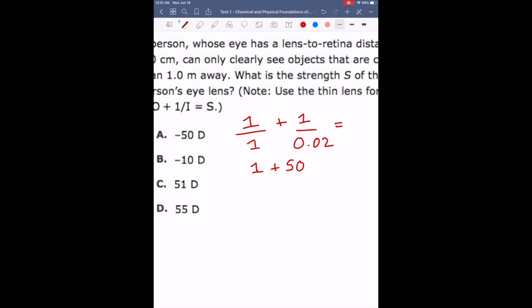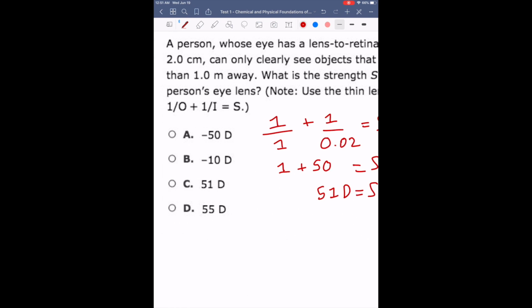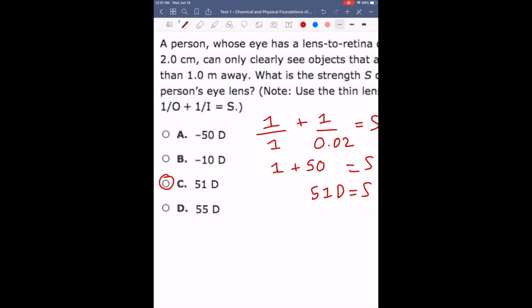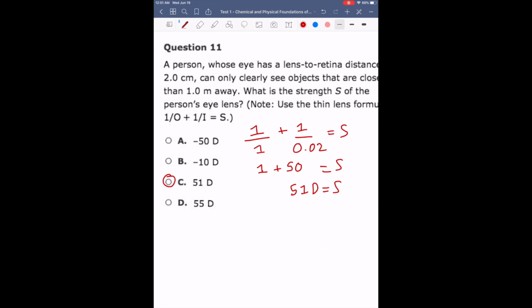So both of these were equal to S, and so 51D is what we should get for S. So that's why C is the correct answer. So for question 11, you essentially just have to use exactly the formula they gave you, use the values that they gave you, do it in terms of meters, and then figure out what S is. It's not negative, and it's not any of the other number values.